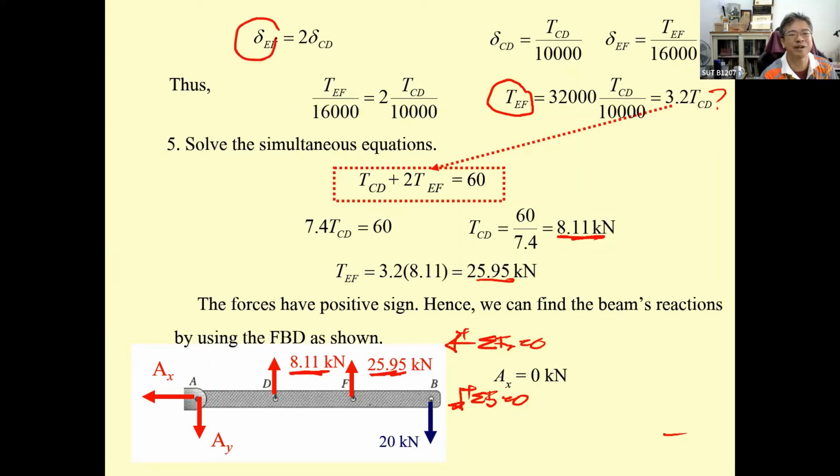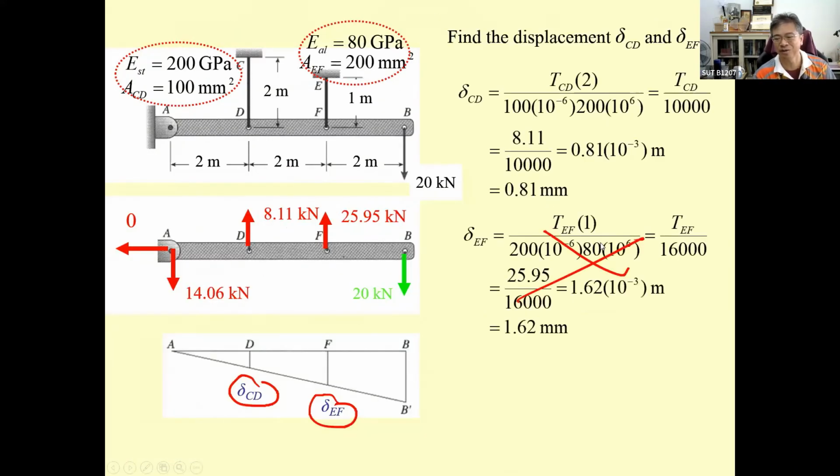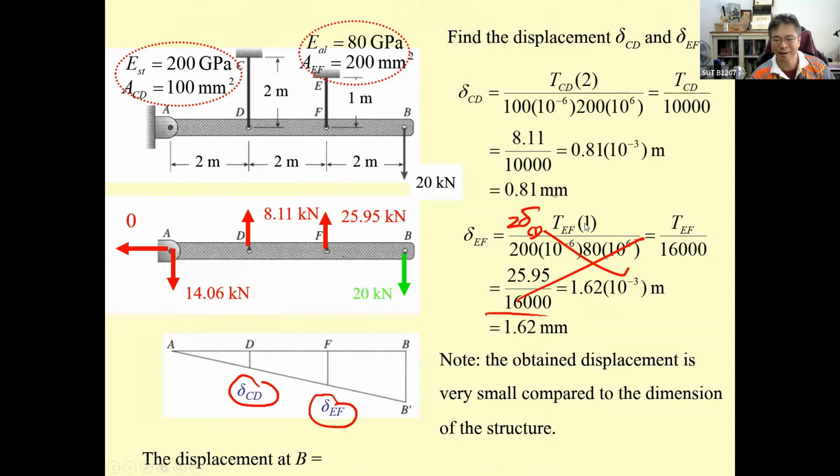Delta sub EF is 2 times delta sub CD. You don't need to. Okay, you just answer it. Delta sub F is 2 times delta sub CD, and then you get 1.62.